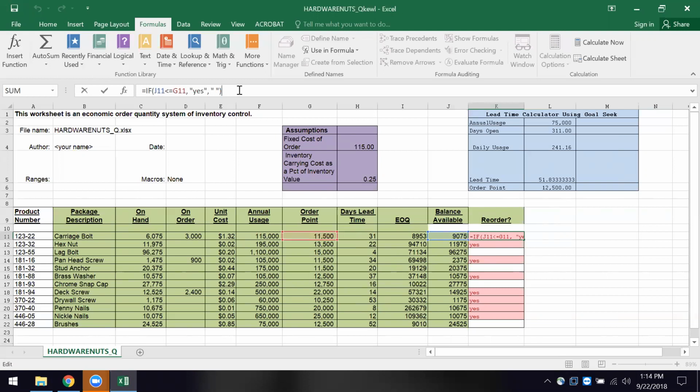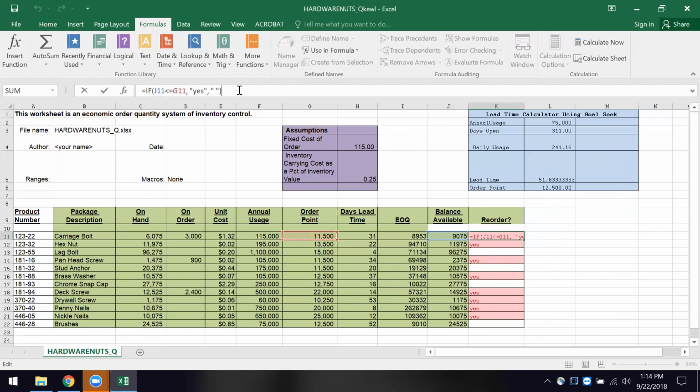We've got double quotes, YES, double quotes, and then comma, and then a double quote and a space, and then another double quote. So it says if we need to reorder, then yes. Otherwise, leave it blank.